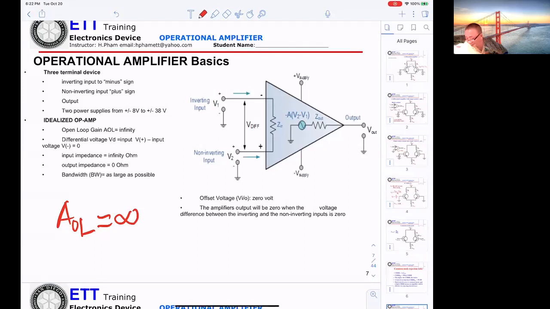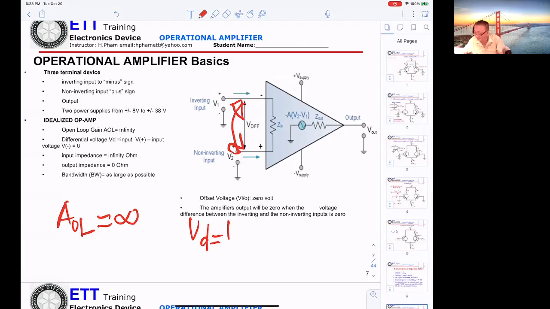If the differential voltage VD. If you're looking into the schematic, the difference between positive and negative, they call a VD. They mean differential.